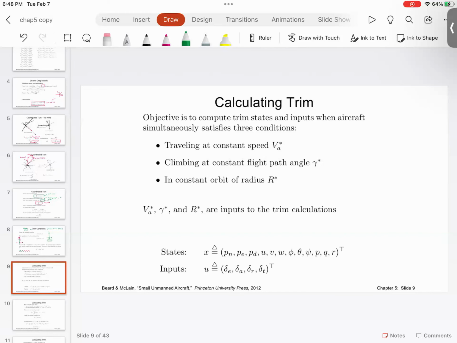Remember, our differential equations have 12 states. What are those states? North position, east position, down position. This is height or altitude. Forward velocity in x direction, velocity in y direction, velocity in z direction.